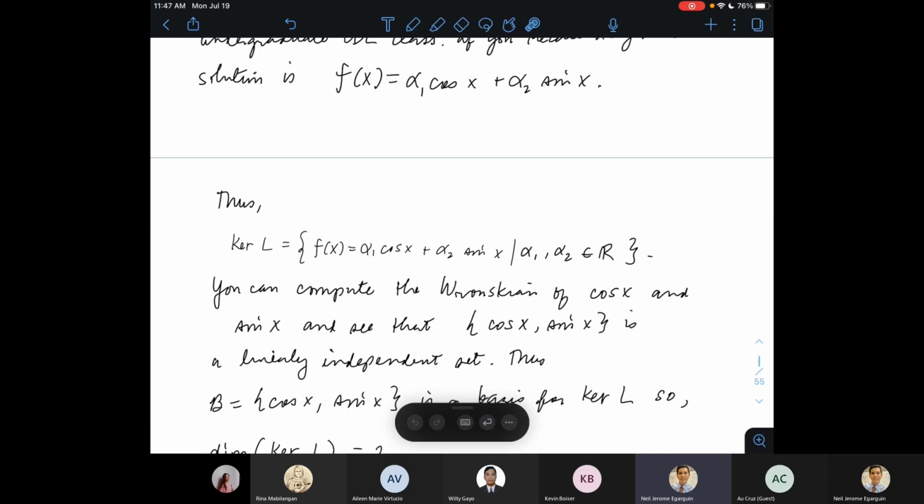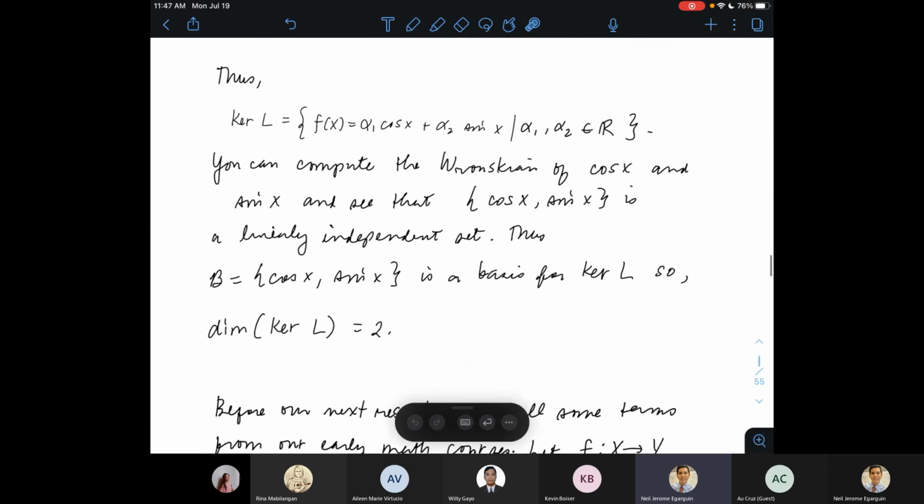And if you remember from one of the examples, I illustrated the Wronskian of a set of functions. If you take the Wronskian of cosine x and sine x, you will see that it is not zero, actually for all values of x.